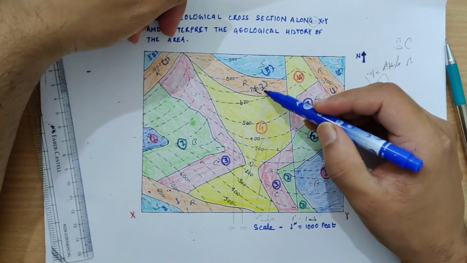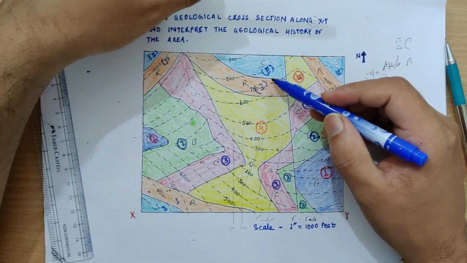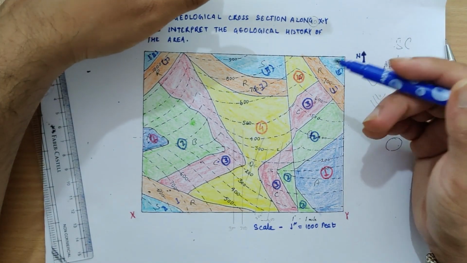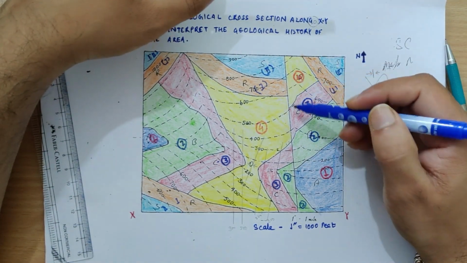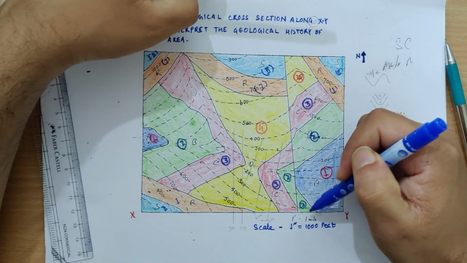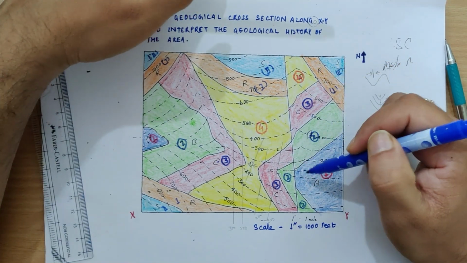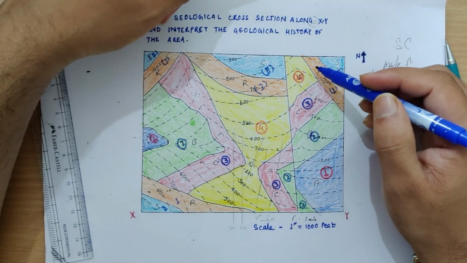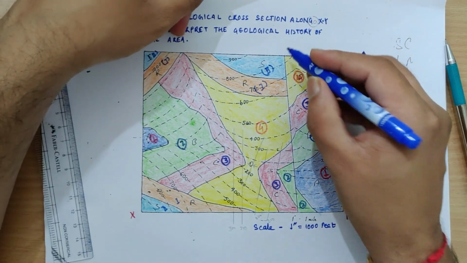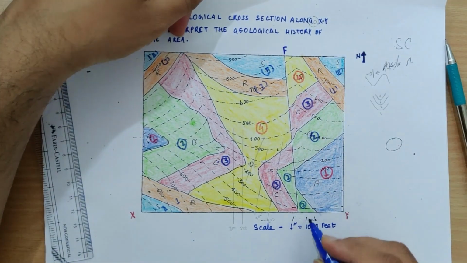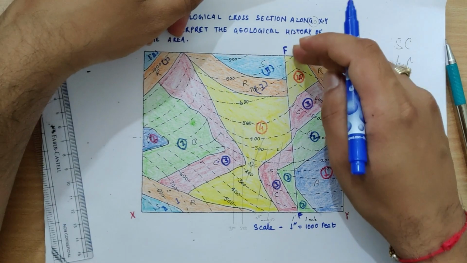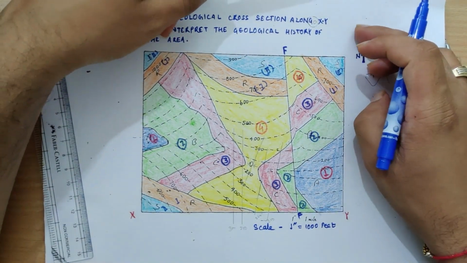Then the younger sequence was deposited and after that the area was uplifted, tilted and faulted simultaneously, because we can see this fault is affecting all the surfaces, the older beds as well as the younger beds. So this fault is the youngest feature in our area, this vertical fault. So this is how we can interpret.